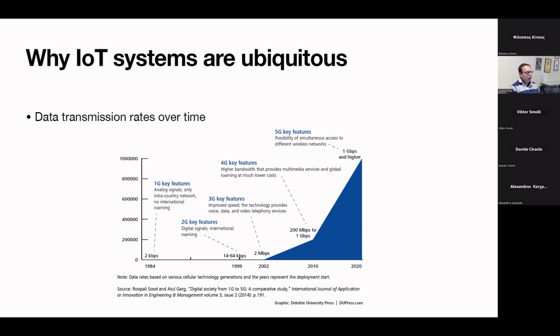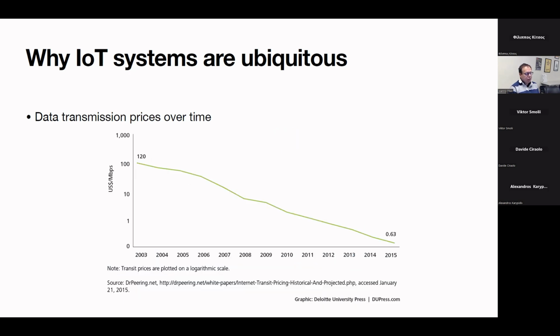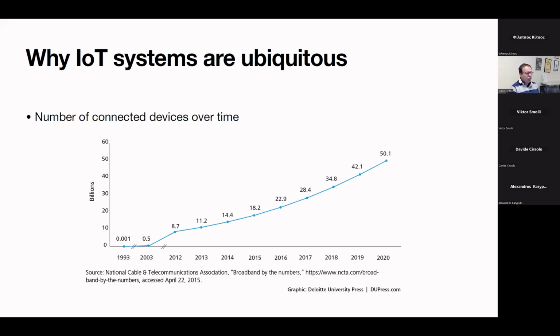Another fact is that the data transmission rates over time have been rapidly increased. You can see here that we can have data transmission with 1 gigabps and even higher. Whereas the data transmission prices have fallen over the time, the cost of communication is much cheaper today than it used to be a few years ago.